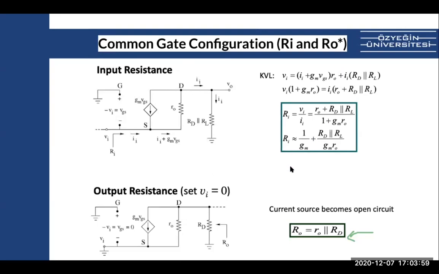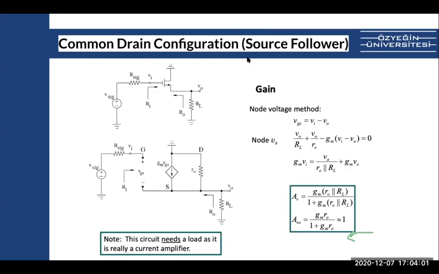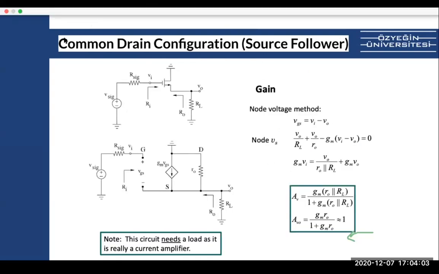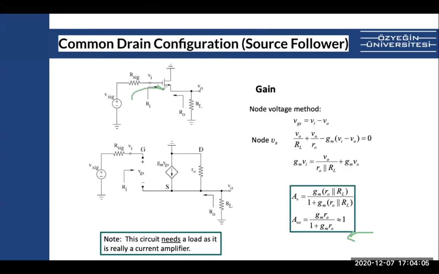And similarly for the common drain, it's another amplifier. You apply the signal at the input, and you get the output at the source. So you apply it at the gate. So that's why we call it common drain, right? The drain is the port that is grounded. Because normally there is a DC voltage here, whatever the source is that is actually supplying the circuit.